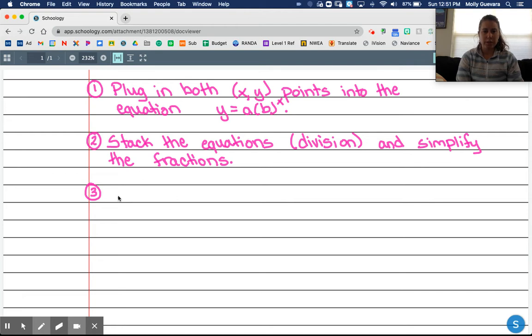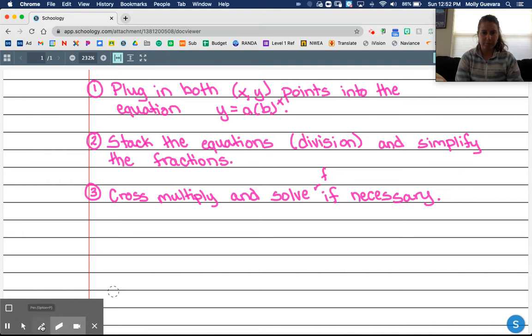Once the fractions are simplified, you may still have to cross multiply and solve if necessary. Sometimes it's not always necessary that you need to cross multiply. Sometimes you can just solve. But if it is necessary to cross multiply, then we have to do that. And I should say solve for b.